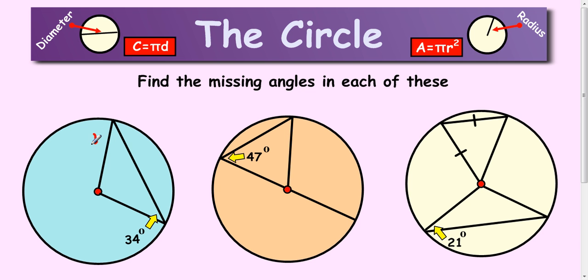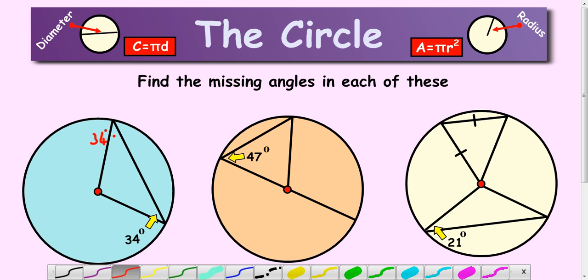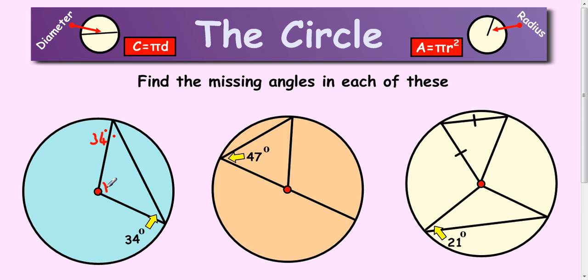Now, because I've got that angle there, and I know it's 34 degrees, then I can add two 34s to work out this angle here. So 34 and 34 comes to 68, and if I do 180 take away 68, I'm going to get 112. So this angle in here is 112 when I'm finished.